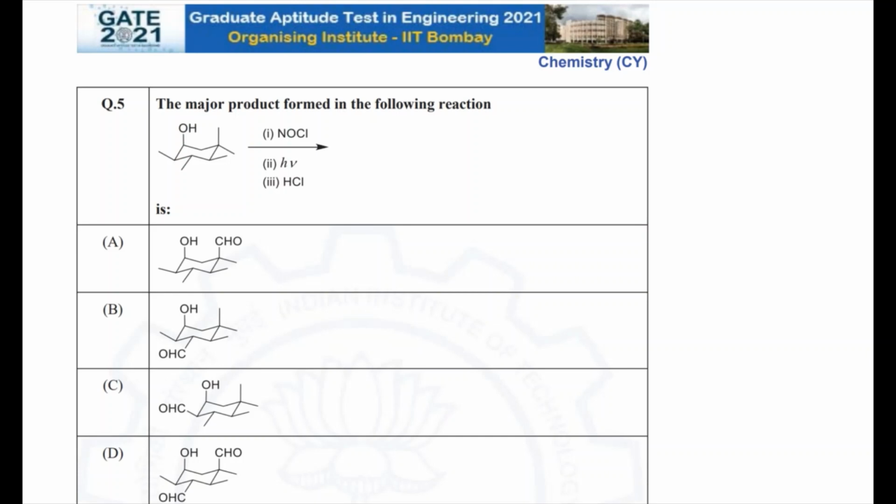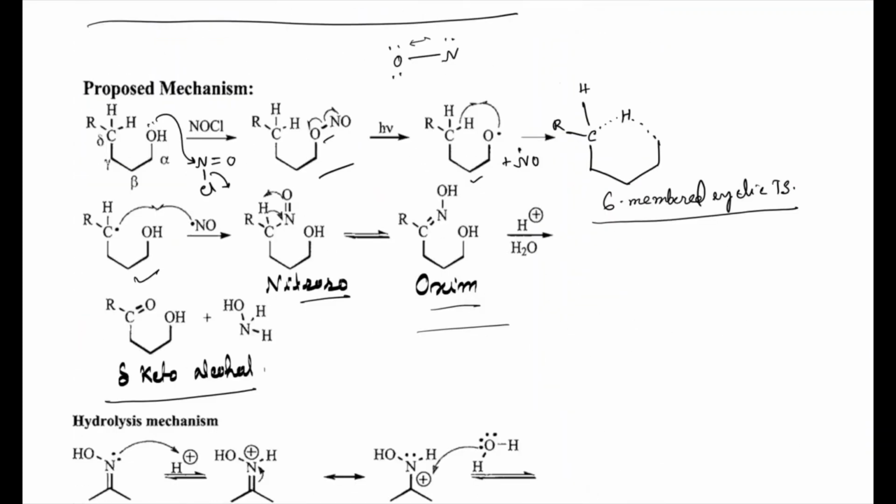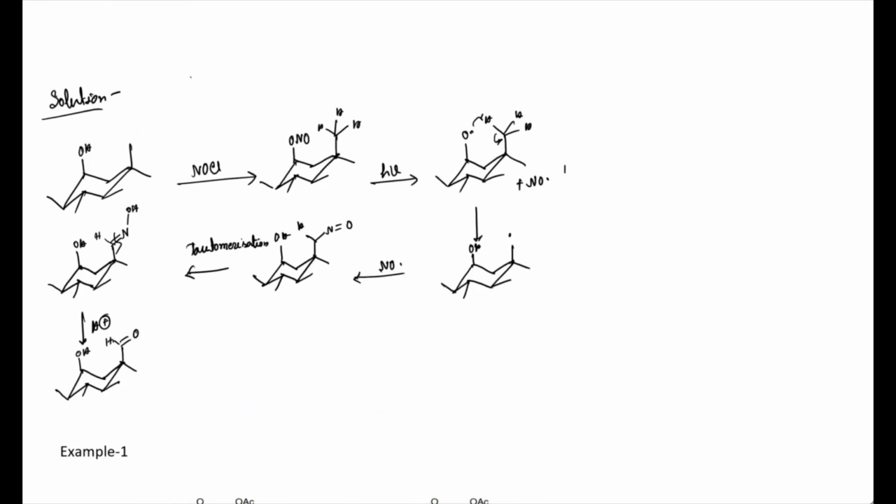First, we have already drawn the mechanism. In this question, you can see here the OH will be converted into the ONO, that is the nitrito compound, which when treated with hv gives this radical, and this radical will be converted into this radical via a 6-member cyclic transition state, and then the nitroso compound will be formed.